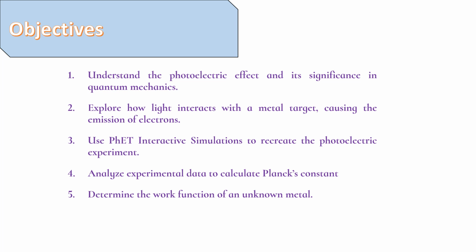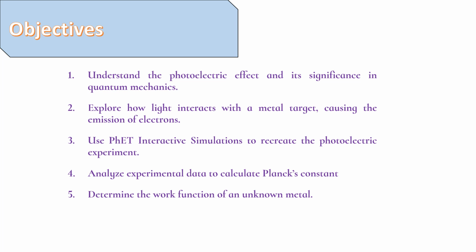Number one, at the end of this exercise, the learner should be able to understand the photoelectric effect and its significance in quantum mechanics. Secondly, learners should be able to explore how light interacts with a metal target, causing the emission of electrons.